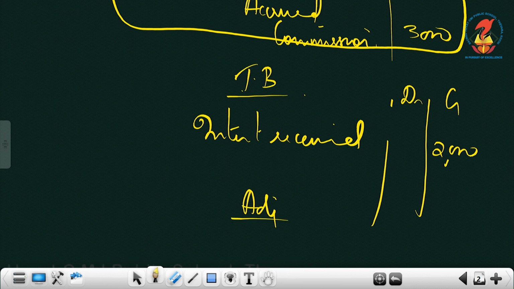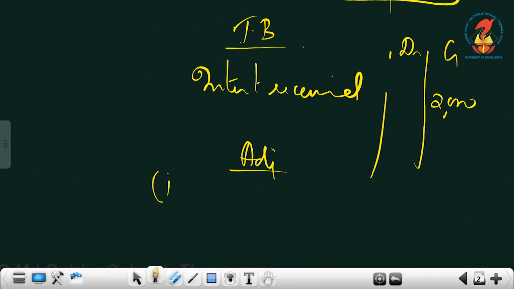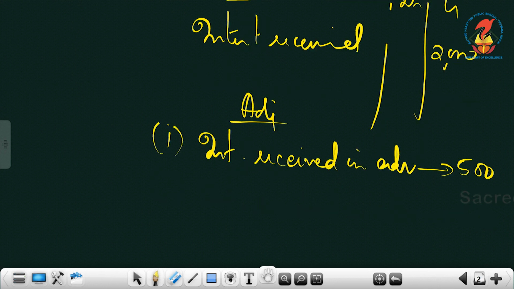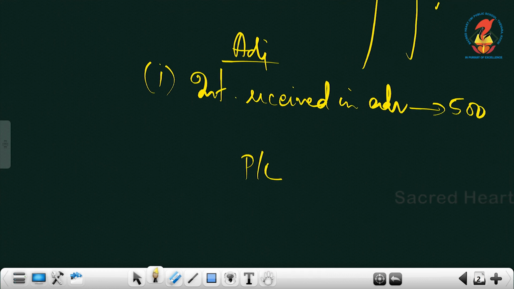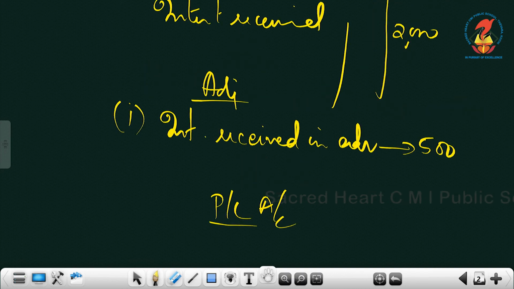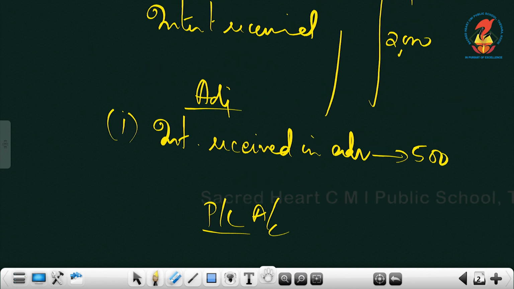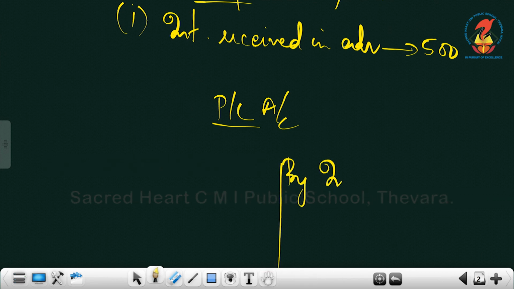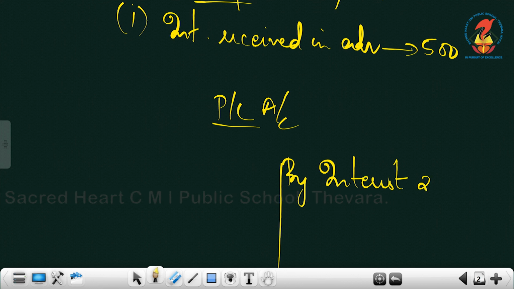Then as an adjustment they have written interest received in advance, 500. This is an adjustment that we have to write two times. First in the P&L: how will you write that interest received of 2,000? That is not an adjustment. Being an income, it must be recorded on the credit side of the P&L. We will write "by interest 2,000" in the inner column because there is an adjustment.